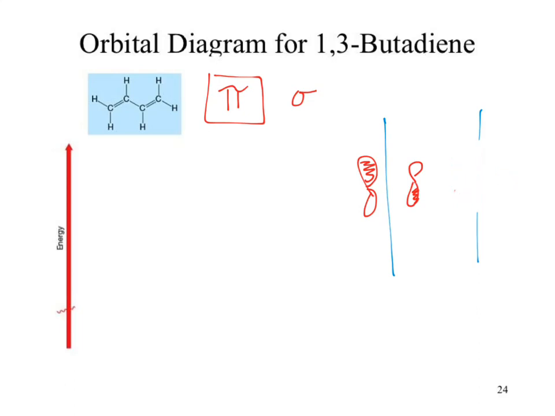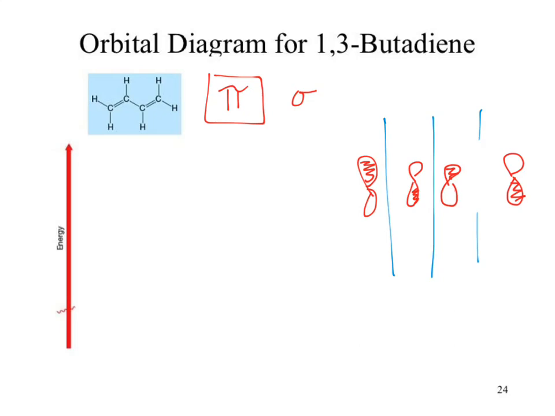We could have gone with 3 nodes. How many drawings did I just do? 4. How many orbitals did we start with? 4. Guess what we just drew? All of our molecular orbitals for the pi system.